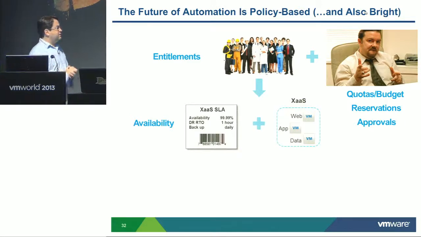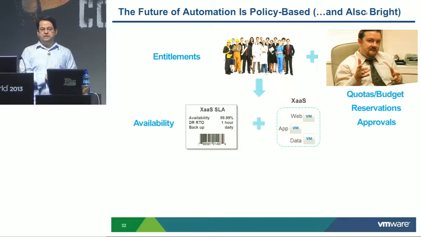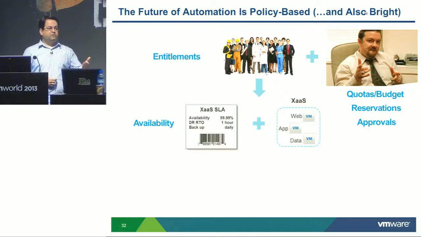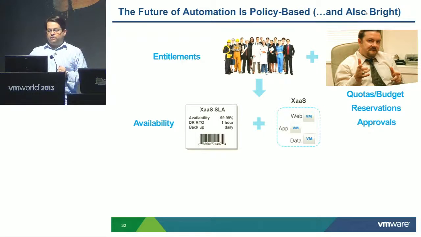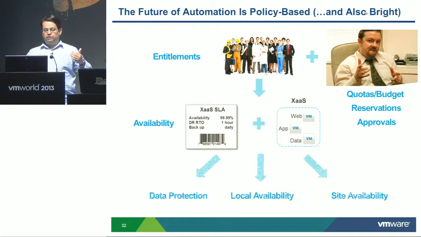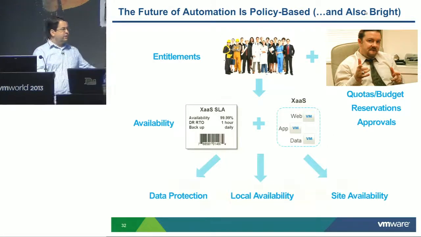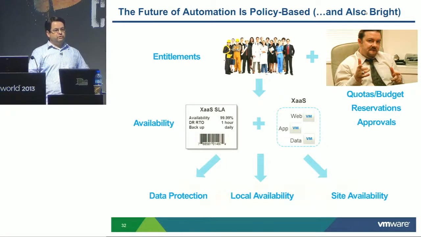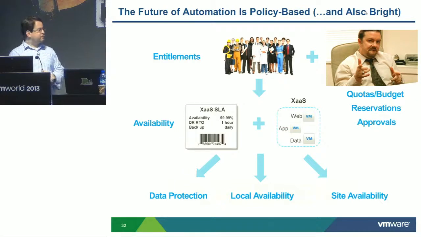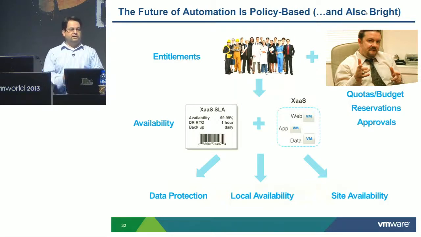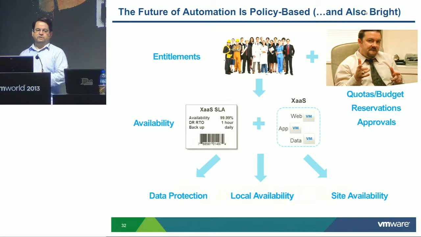And then obviously, based on the types of service offerings and the types of availability options or policies that are defined, expose those as options in your catalog items or service offerings, and then that will go ahead and interact with the infrastructure layer and basically ensure that the workloads are provisioned in the right areas based on data protection policies, availability policies, or site availability if you're talking about highly important workloads where you need to have disaster recovery scenarios in mind.